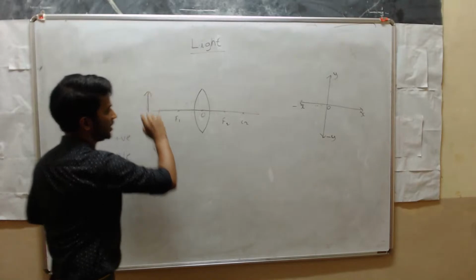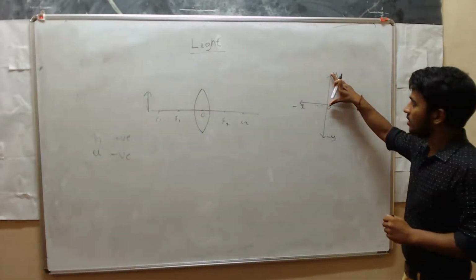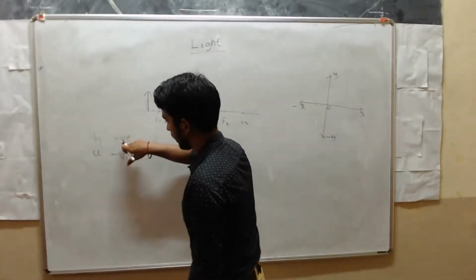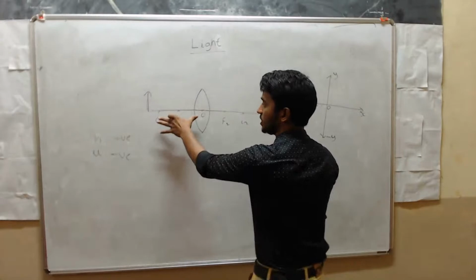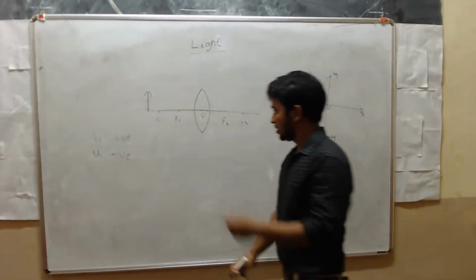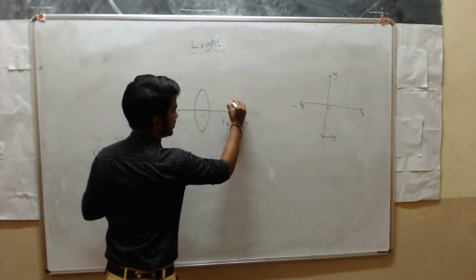We compare this height with respect to the positive y-axis, right? So the height of the object we write as positive, and the object distance as negative. Okay, next we will get the image here, right?